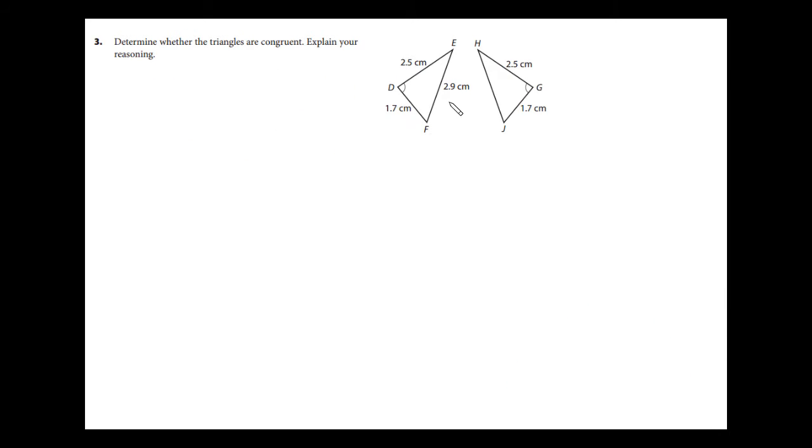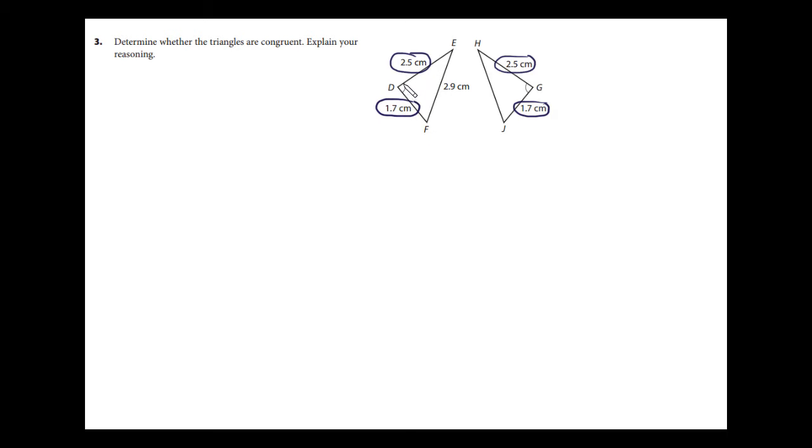Looking at this triangle here, I notice that I see a 2.5 centimeter side. I see that in common on both triangles, so that's a good sign for them to be congruent. And I see this 1.7 centimeter side here. And if there's a side, there's a side.